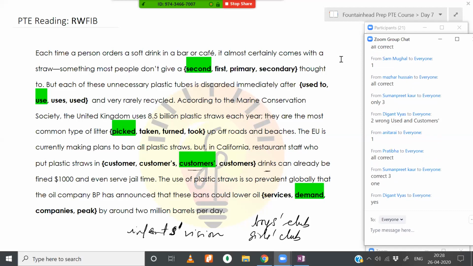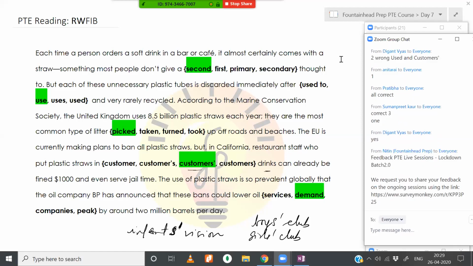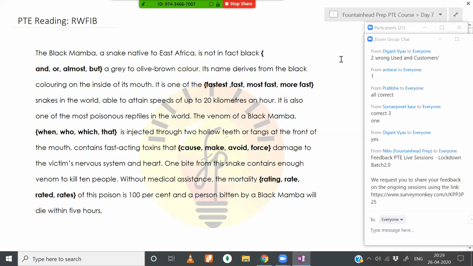So throughout the reading section, for fill in the blanks and reading and writing fill in the blanks, try to minimize errors as much as possible. If the number of errors is within, let's say, 4 or 5, you are still in a safe zone. Okay, so let's look at the next question.